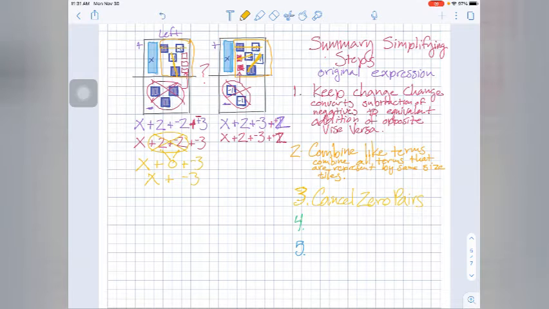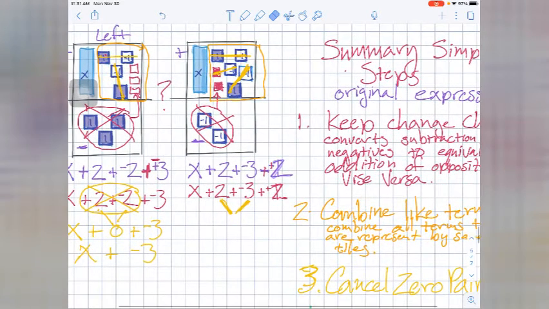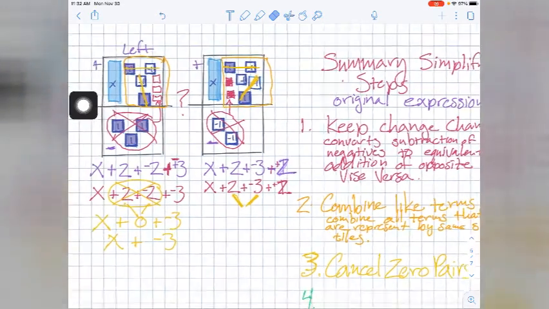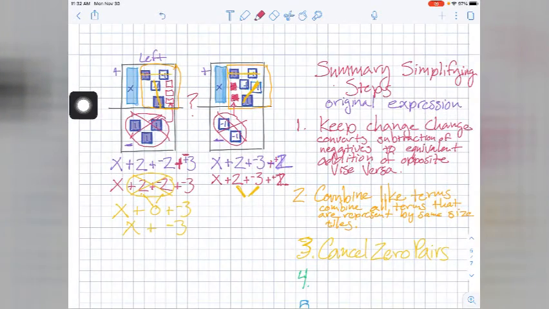So what happened is that the 2 positives here canceled out 2 of the negatives from the original numbers that were on top of here. And that left me with, of the -3, only 1 negative left. So that's going to become -1.